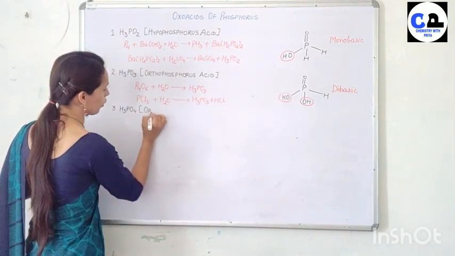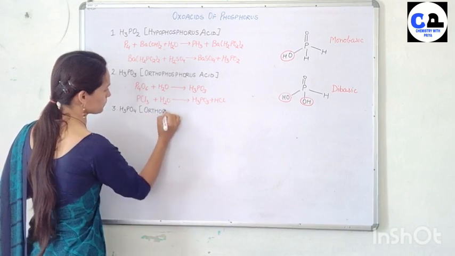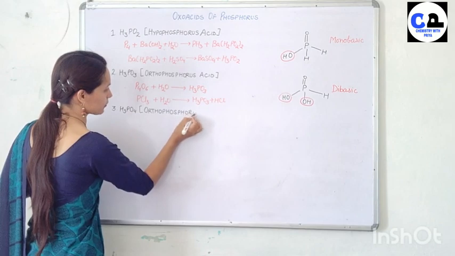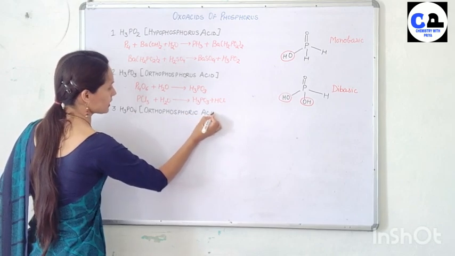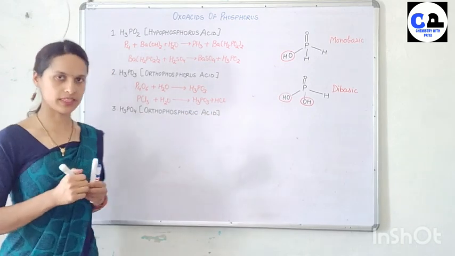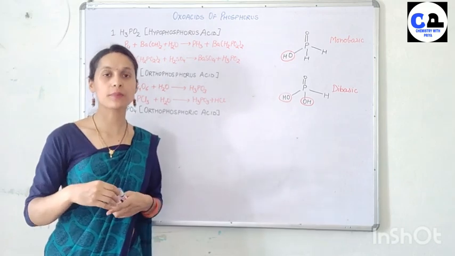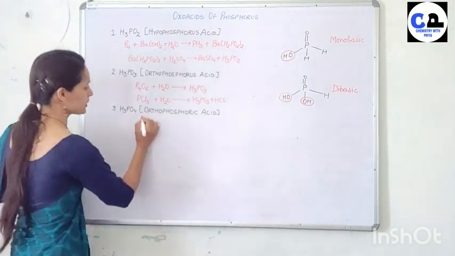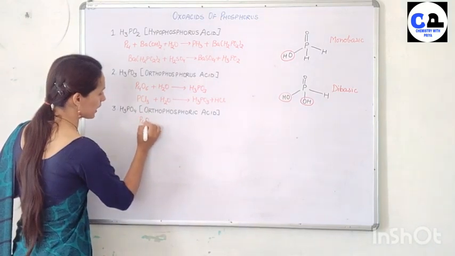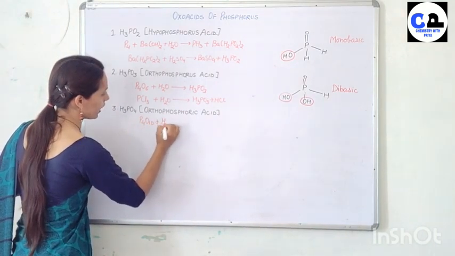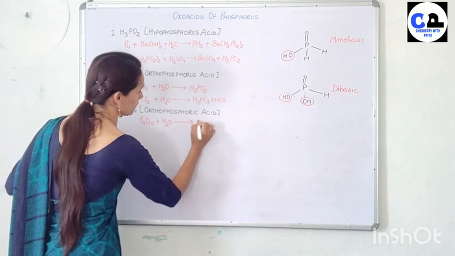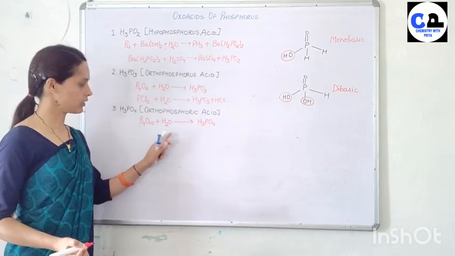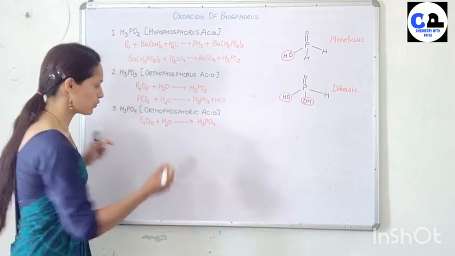Now, next, third, we will talk about the third oxoacid of phosphorus, that is H3PO4, which is known as orthophosphoric acid. We can prepare orthophosphoric acid by two methods. First method is P4O10 undergoes hydrolysis to form H3PO4.